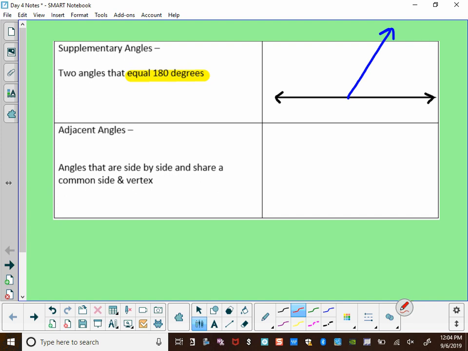Both of those angles together, let's say I have angle 1 and angle 2. They both have to add up to give me 180 degrees. So let's say that number 1 is 140 degrees. If they're supplementary, angle 2 is going to be what? 40. Good. Because 140 plus 40 gives me 180 degrees.